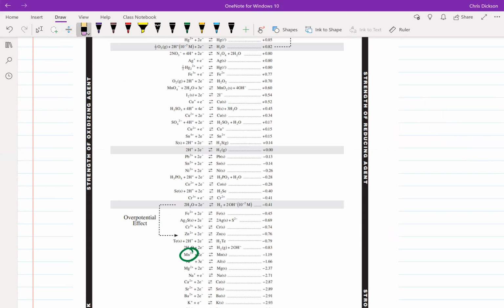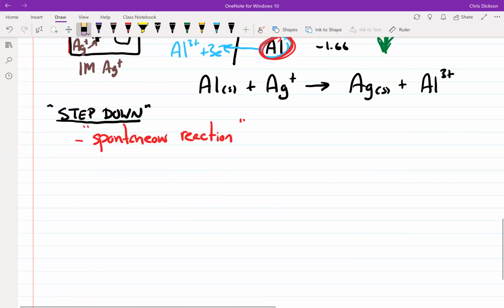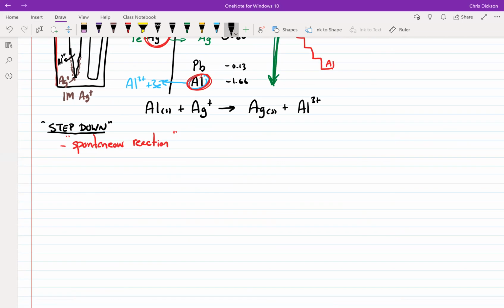Okay, so get rid of all these lines here. Let's do a specific example now and see if we can use the data table and this idea of step-down reactions being spontaneous. I just want to make sure I choose a reasonable question for you.